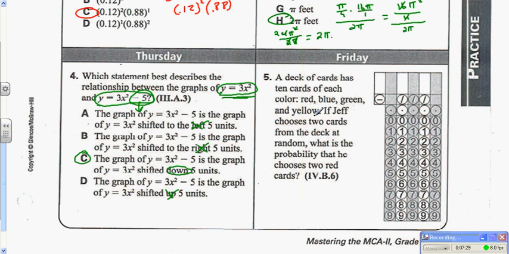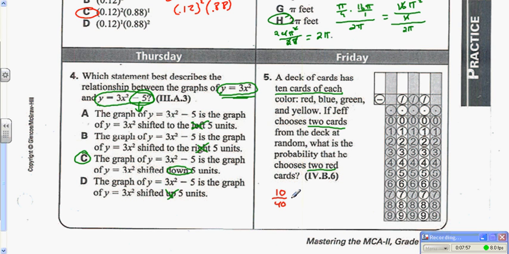Number 5, we have a deck of cards, 10 cards each. So it's not a standard deck of 52, but 10 cards each of red, blue, green, and yellow. If he chooses 2 cards from the deck, what's the probability that he gets 2 reds? Well, there's 10 red cards. There's 10 of each color, so there's 40 total cards. This is the probability of getting 1 red card.